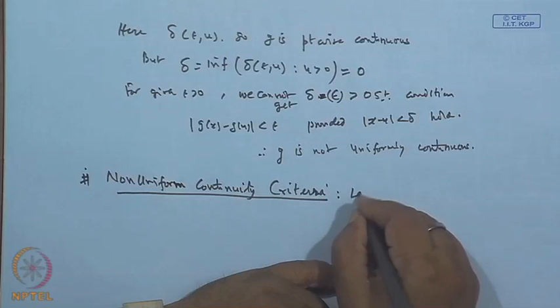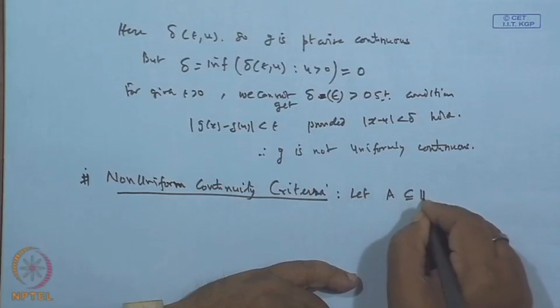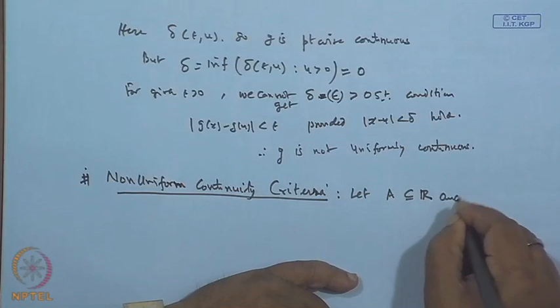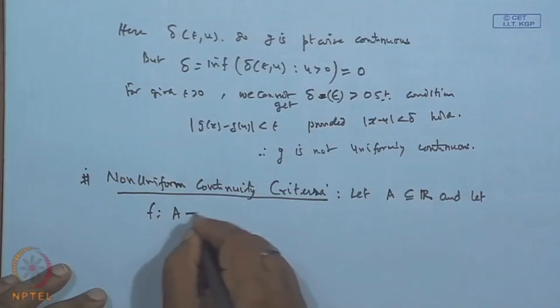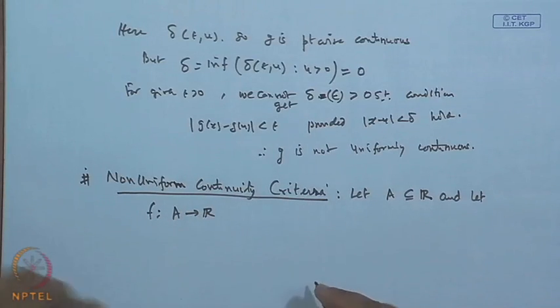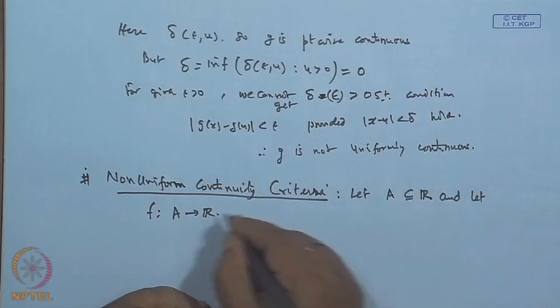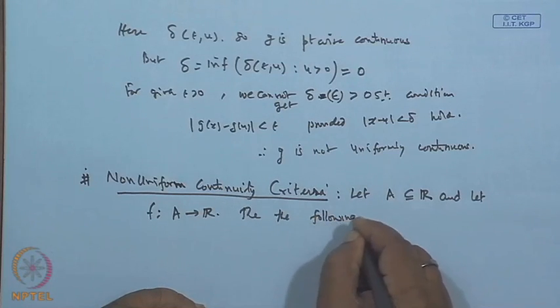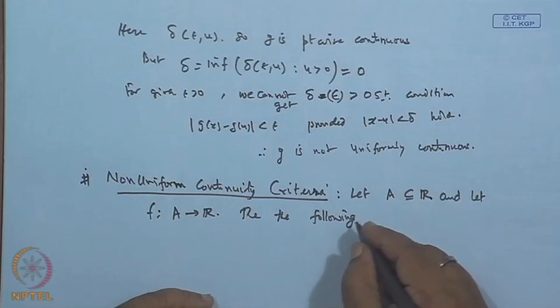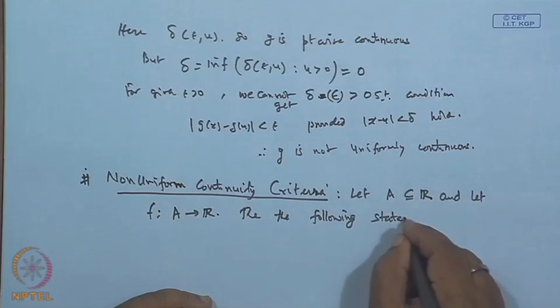So, let A be a non-empty subset of R and let f be a mapping from A to R. Then the following statements are equivalent.